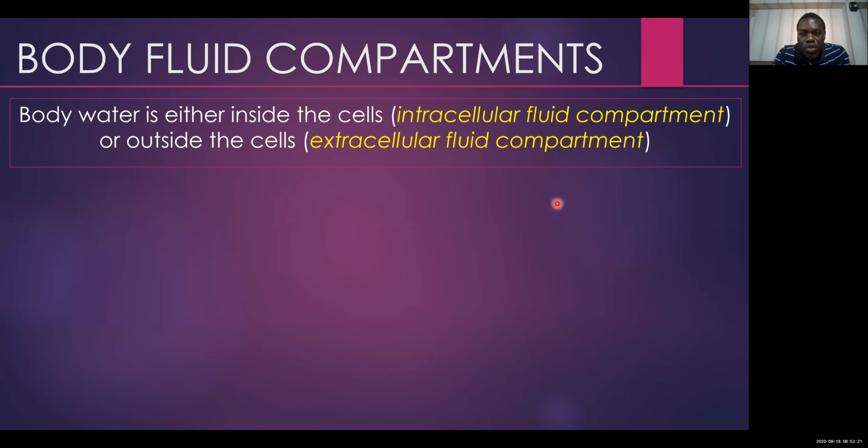So the terms we use for this are, it is either intracellular fluid or it is extracellular fluid. The intracellular fluid is the fluid within the cells. Extracellular fluid is the fluid outside the cells.